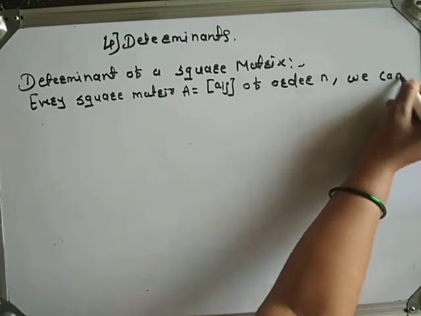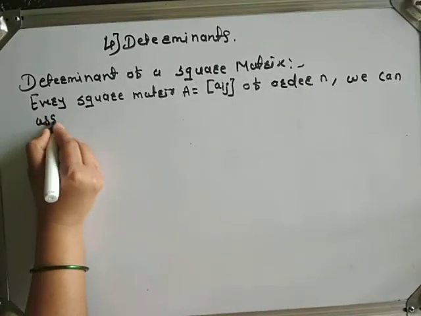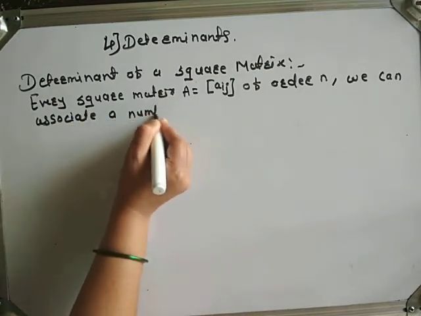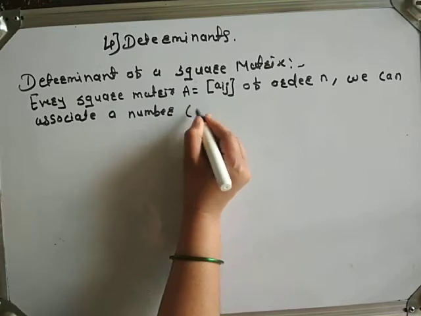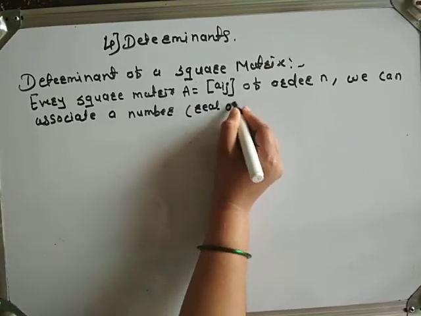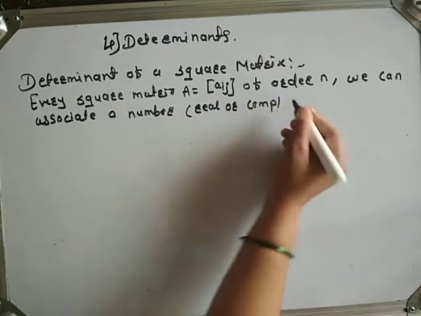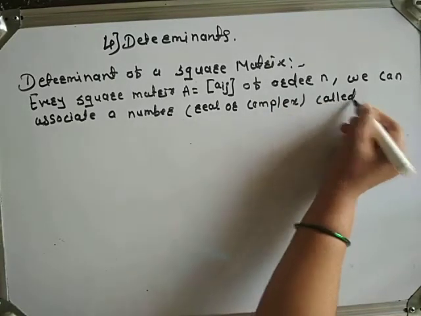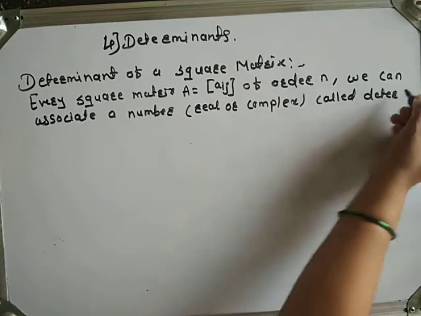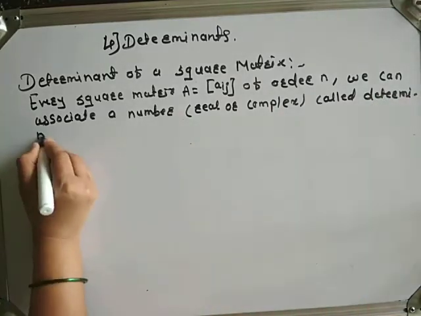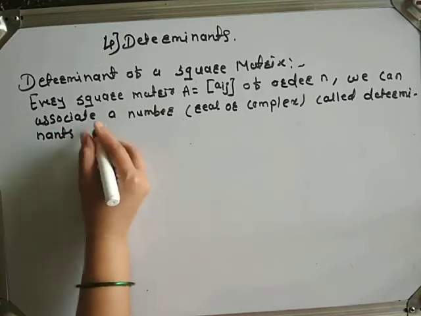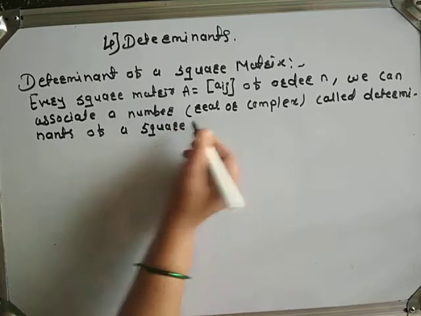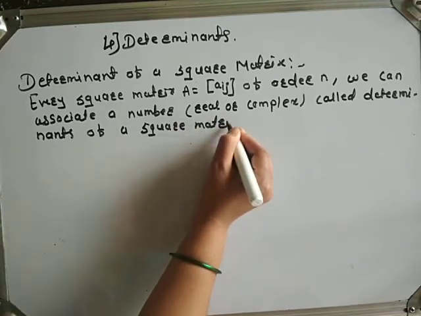We can associate a number, which may be real or complex, called the determinant of a square matrix A.